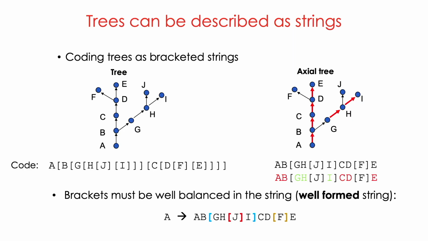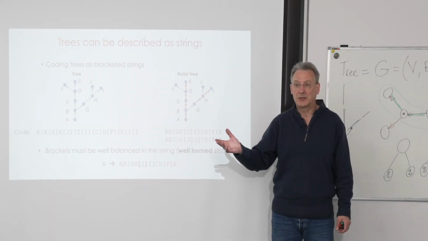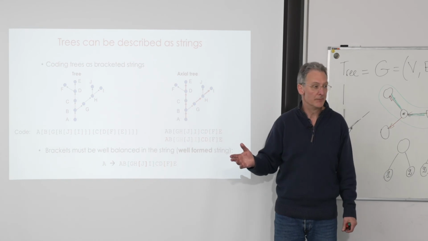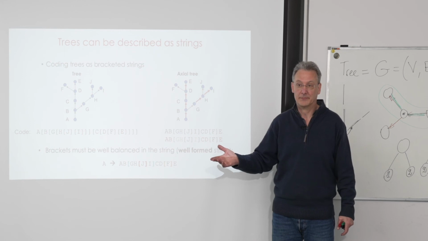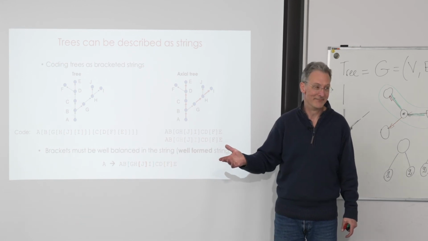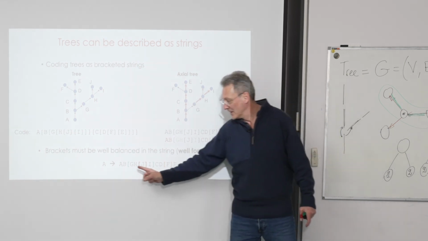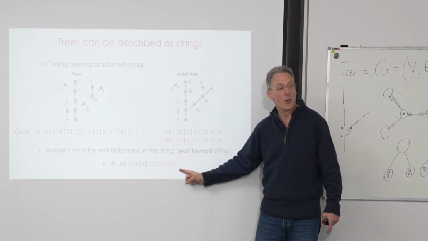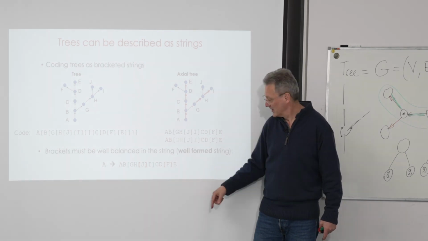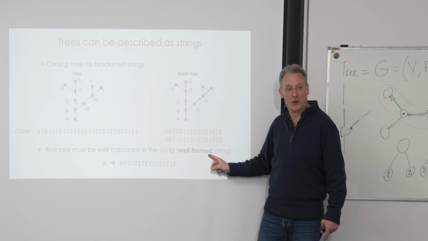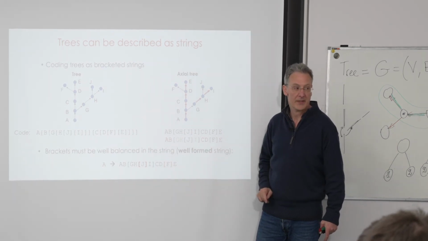One important thing to note is that for a string like this, can I take any string, put parentheses anywhere, and get a tree? Answer is no. Because for this to represent a tree, you need that the parentheses are well bracketed. And this is called a well-formed representation or formula. Okay?